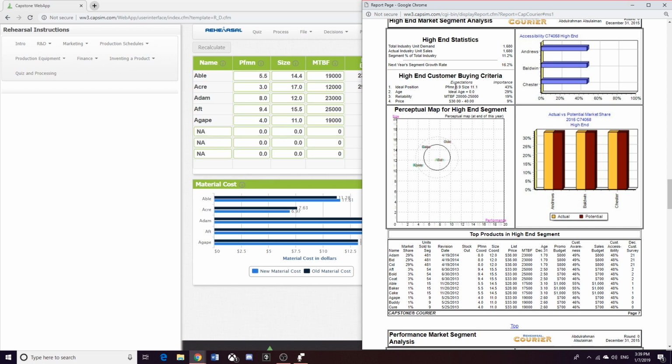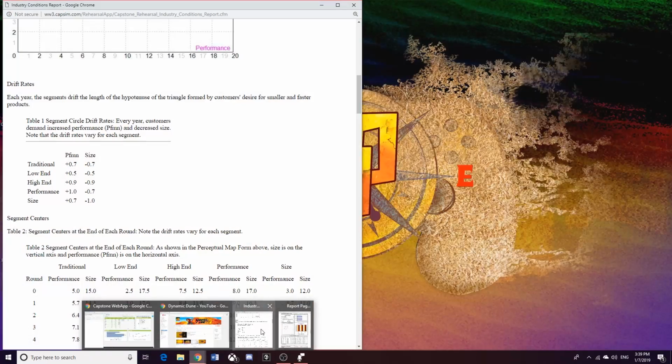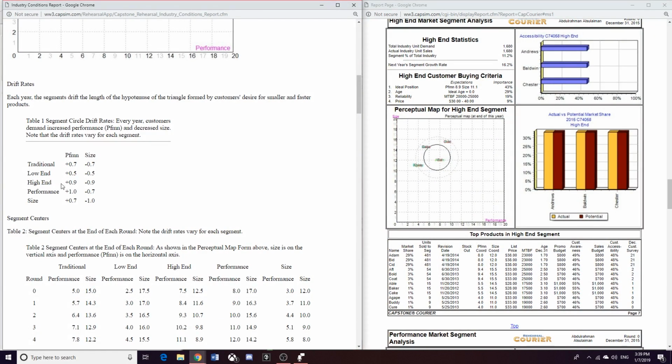And what we want is to have our product positioned in the middle of the year. So when we look at the drift, we want half of the drift, because we don't want the product to be at the end of the year. We want it positioned in the middle. Again, go and check my ideal positions video.